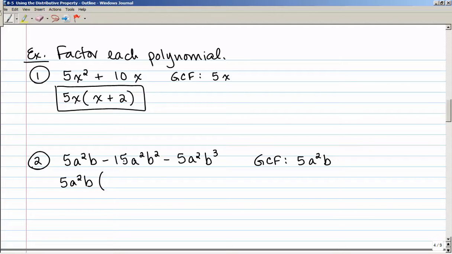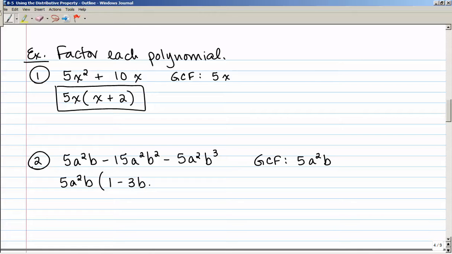Now I need to take each term in my original polynomial and divide it by 5a squared b. Well, this is a little tricky here because my first term in the polynomial is 5a squared b. But when I divide those, I get a 1. Don't forget to put that in there. There needs to be kind of like a placeholder there, you know. So when I go and distribute, I actually can get a 5a squared b. Now, dividing my next term, negative 15a squared b squared, is going to give me a negative 3b, because 15 divided by 5 is 3, a squared divided by a squared is 1, so I don't have any a's left.